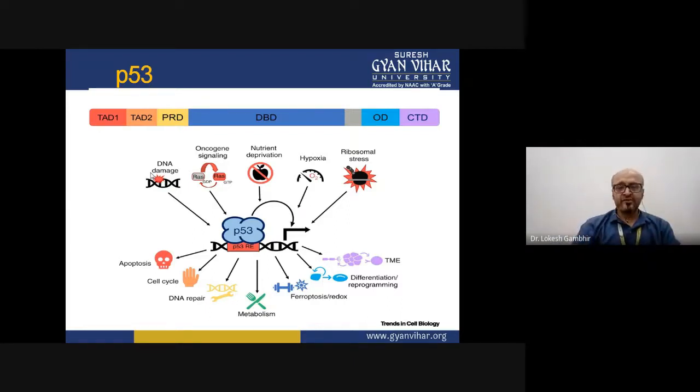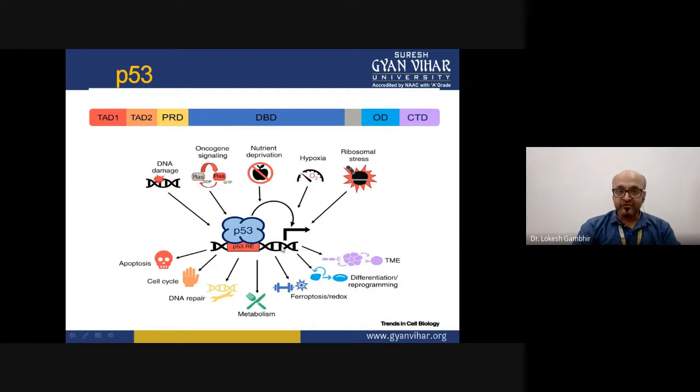So you see, once the P53 gene is activated, it will give rise to P53 protein, which is called a transcription factor also. This particular protein will go inside the nucleus and will bind to the P53 response element, which is present inside the human DNA. Now, after binding, it will promote the transcription and expression of its downstream genes.